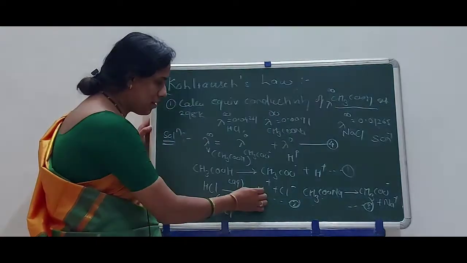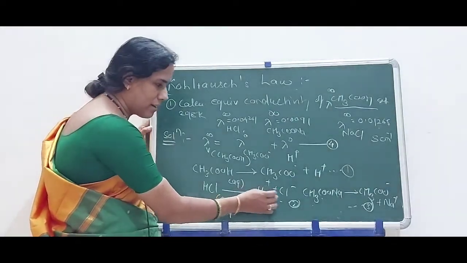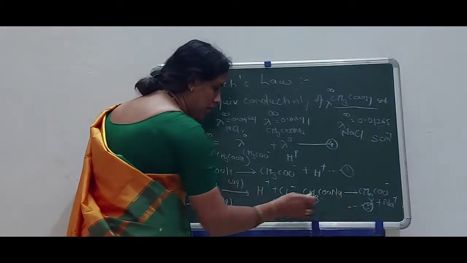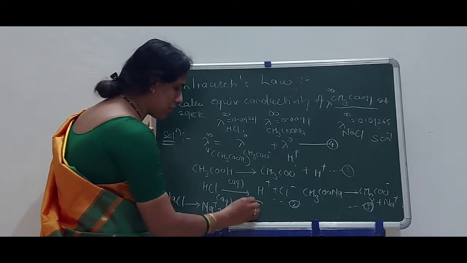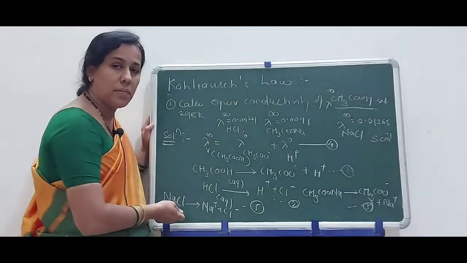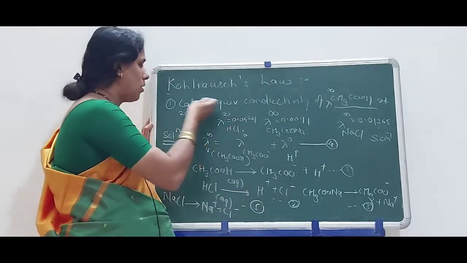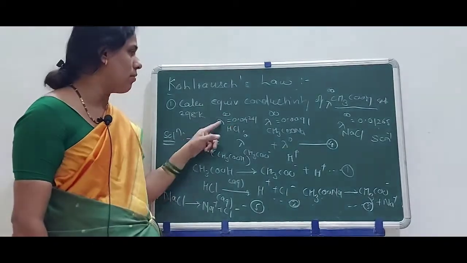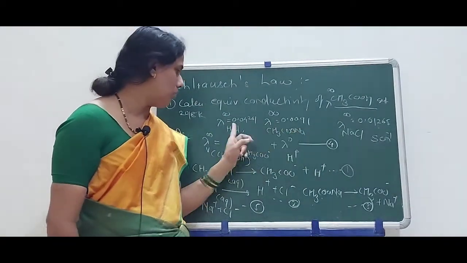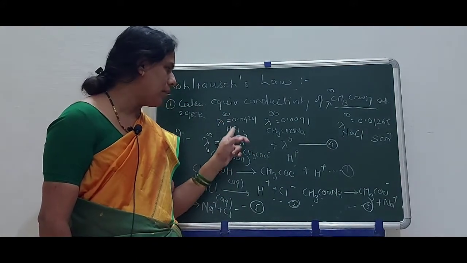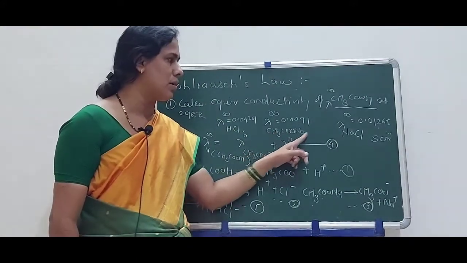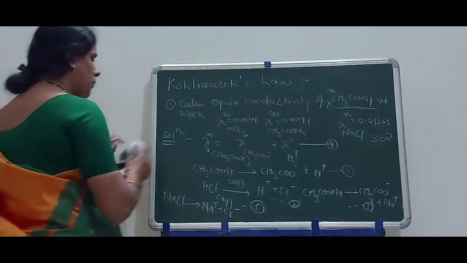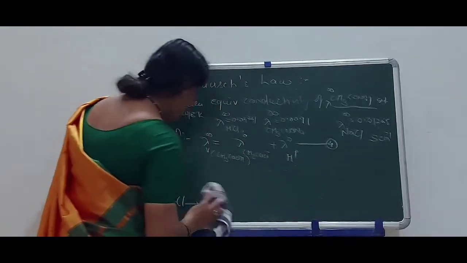We add the 2nd and 3rd reactions, and from them subtract the 5th reaction. Since we know the equivalent or molar conductivity at infinite dilution, we take the sum: lambda infinity of HCl plus lambda infinity of CH3COONa minus lambda infinity of NaCl.